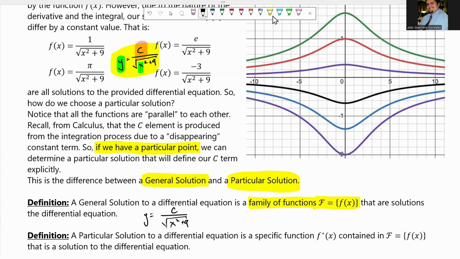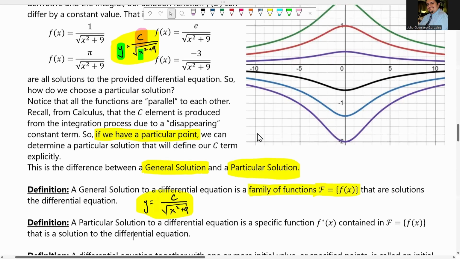This collection of functions is my family of functions. These are general solutions to my differential equation. The second you choose one particular function within this family of functions, you have a particular solution.